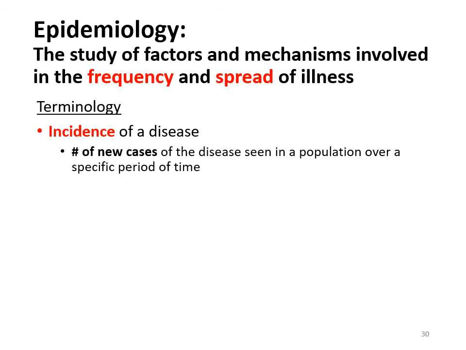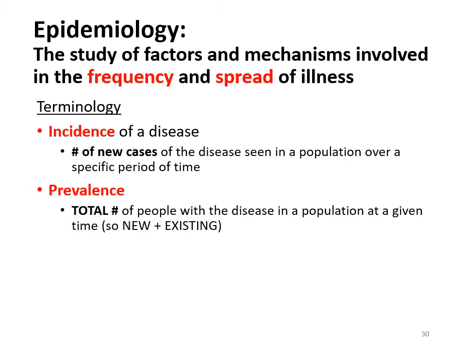The next terminology is prevalence. Okay, prevalence now, instead of just the new cases, this is the total number of people with that infection. So that means any of the new cases plus anyone who already had this infection. So for instance, if we said that those 200 new cases were on top of 500 already sick people with whooping cough, then the prevalence would be 200 plus the already 500 that had it.